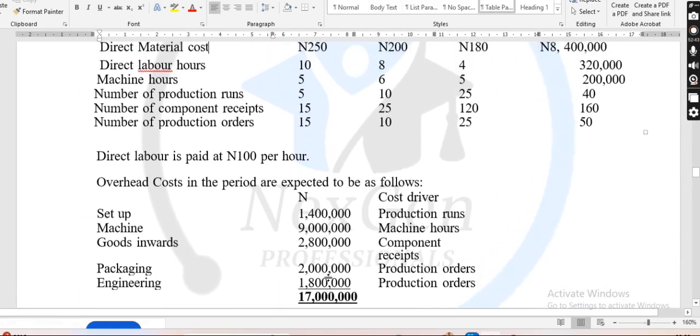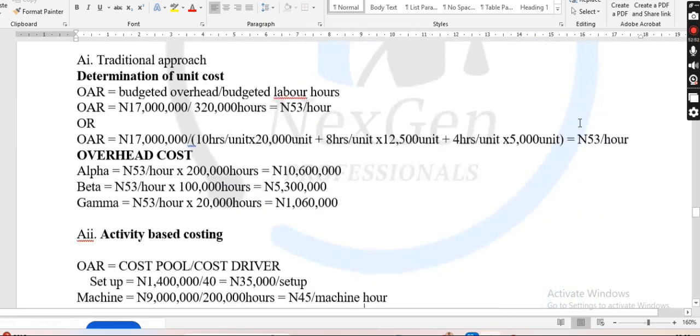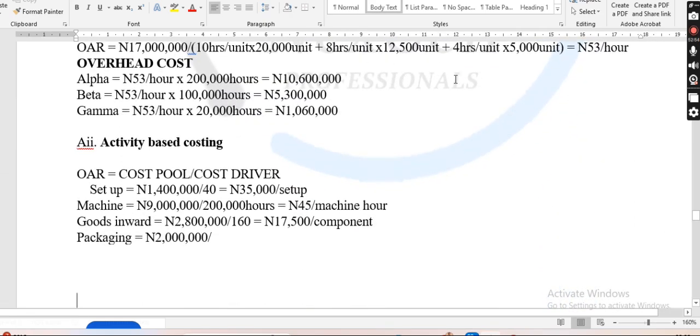Packaging is based on production orders and 50 is given as the total, right? Okay, total. Thank you. So when you divide it like this, don't forget what we will still do. We will still multiply it by each of the production runs, right? But let's get the rate for each first. So what do we have, class?